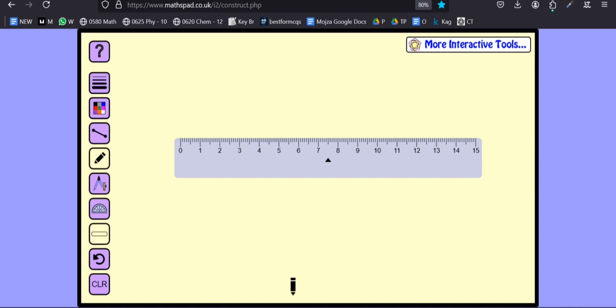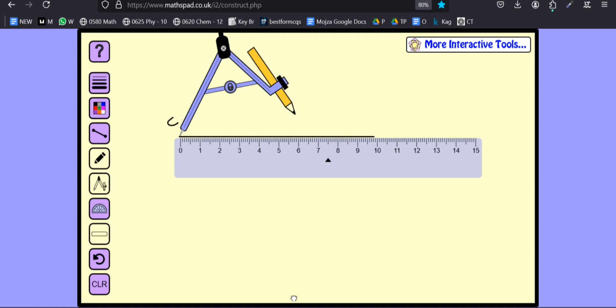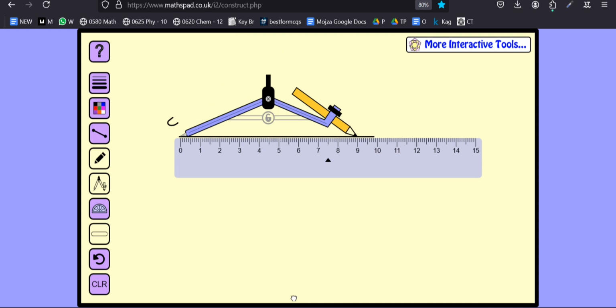So let's make a rough line. This is a rough line, and we're going to mark it as C. Now we take our compass, bring it over here, open the lock, and then we need to make 7.5. So where is 7.5?